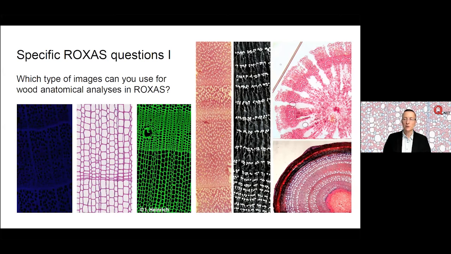What matters is rather that your target features, like the lumen in this case very often, are very distinct from all the rest that you don't want to measure. So we have seen that before. We have the confocal microscope images, what Emanuela showed us. We also see a couple of bright field, thin sectioned samples.